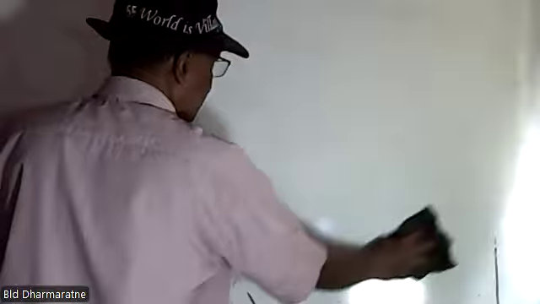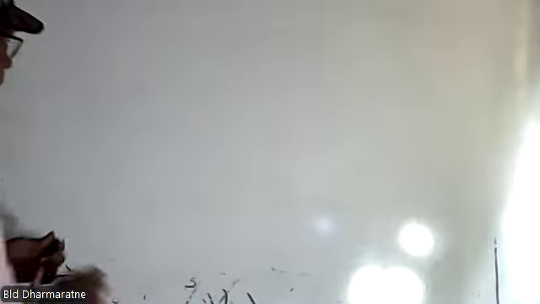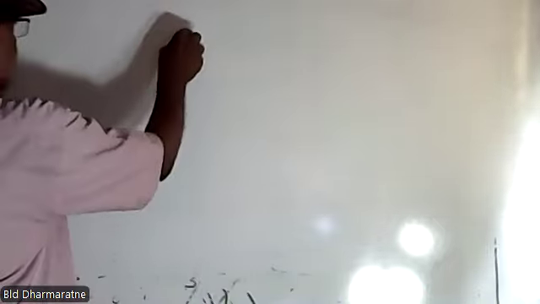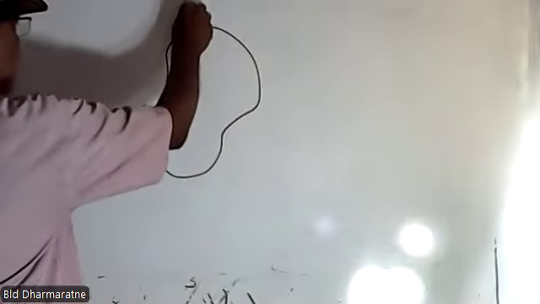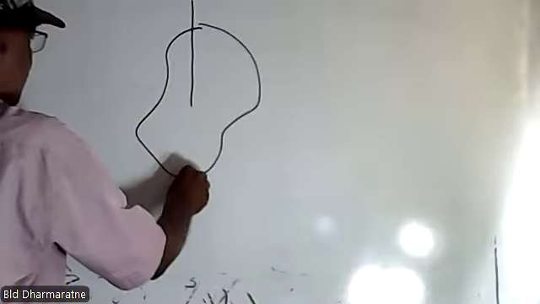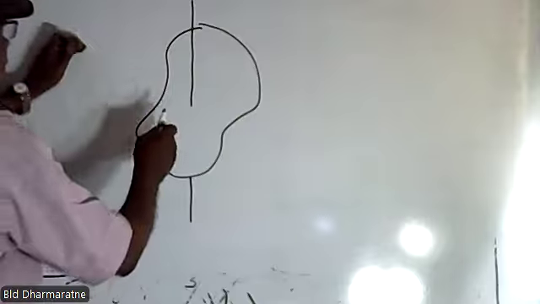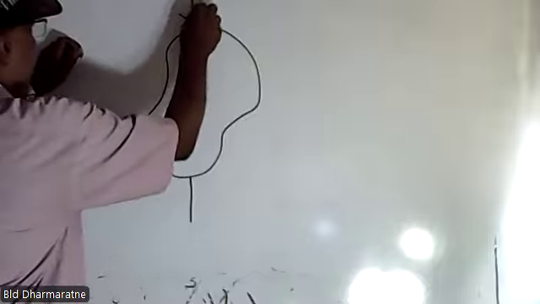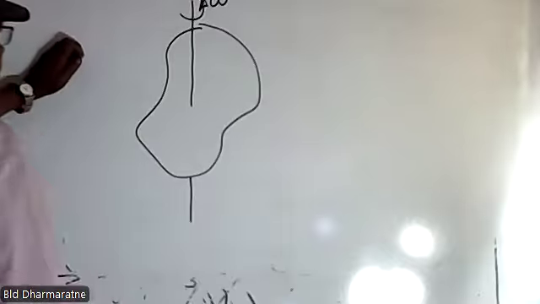Take a body rotating about this axis, like a disc, with angular velocity omega.